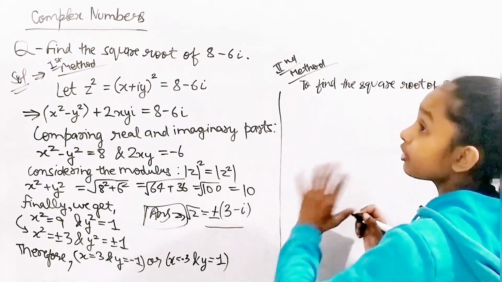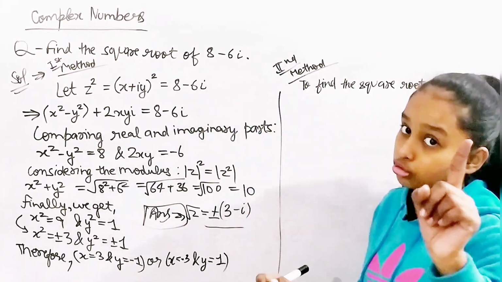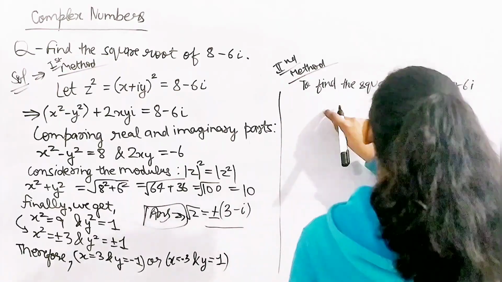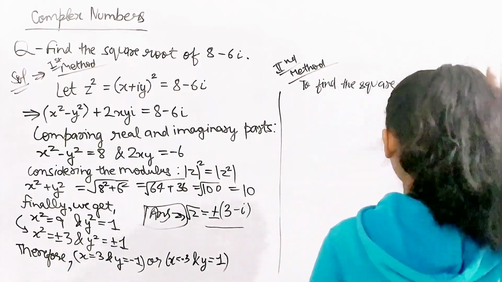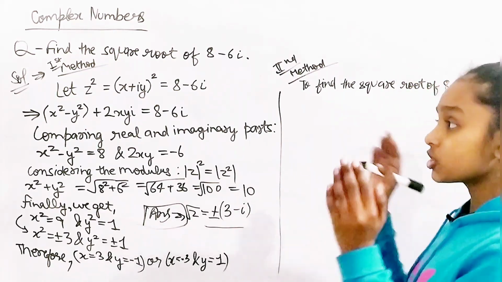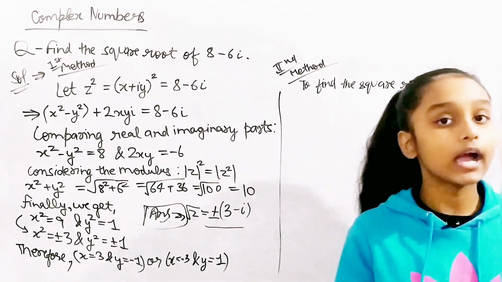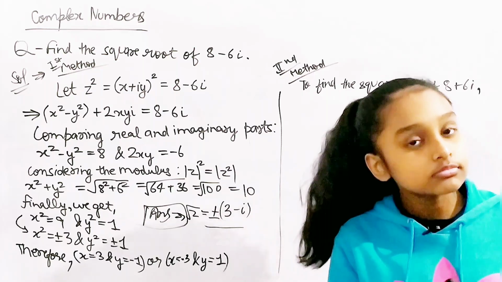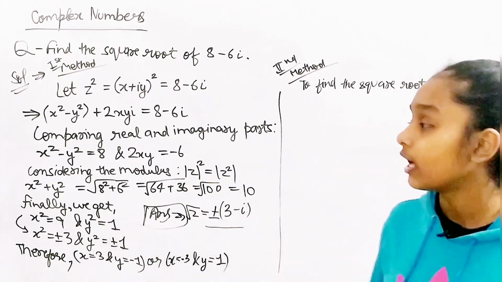But I'm going to tell you the answer of 8 minus 6 iota too in the last. So to find the square root of 8 plus 6 iota, we will determine the magnitude and what's the last thing?